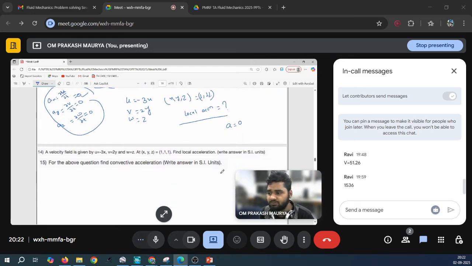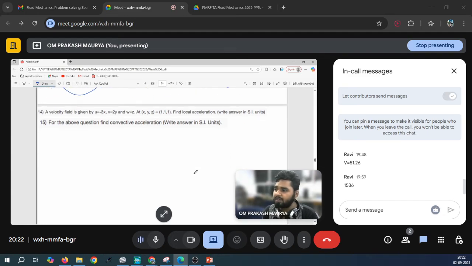Okay. So I think no one joined still. Okay. So the next question is question number 15. For the above question, that is for this expression, find convective acceleration. Write in SI unit. So for convective acceleration, here your u value is minus 3x, v is 2y, w is z.